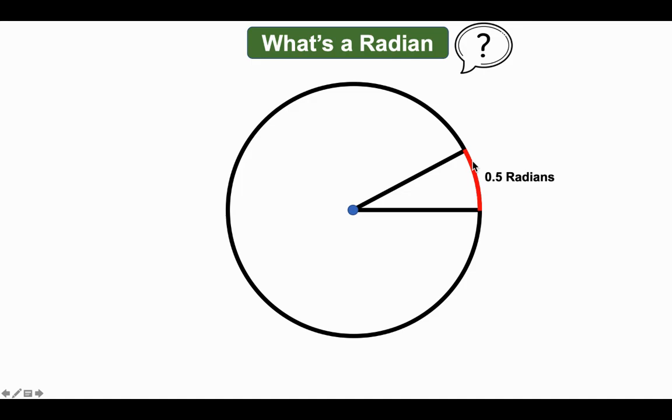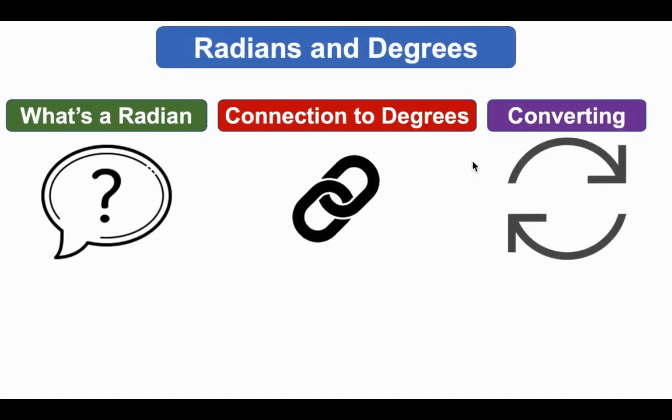However much this angle has to open up to match the length of that radius is 1 radian. If we want a bigger angle, I overlaid it in purple. That's basically 2 radians, because I took 2 of the radii and laid them across the outside to make that. Okay, so that's basically what a radian is.